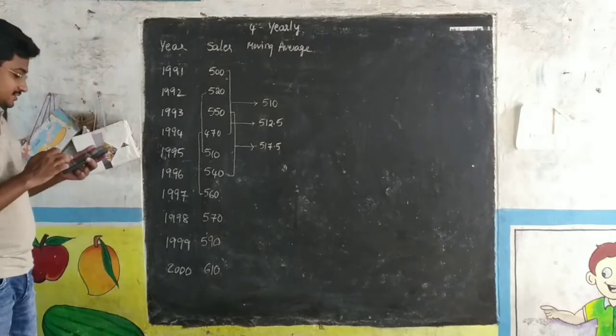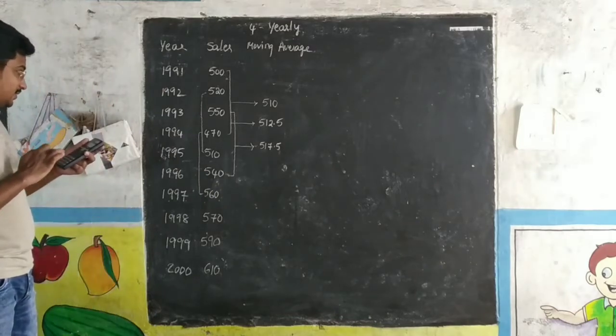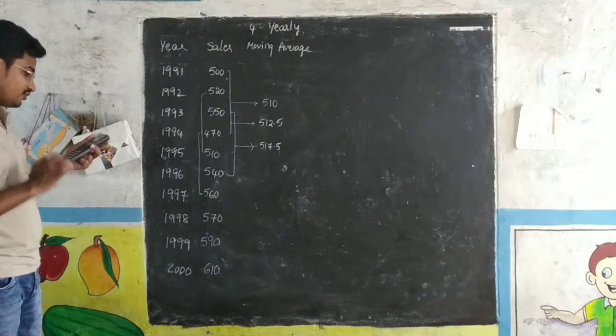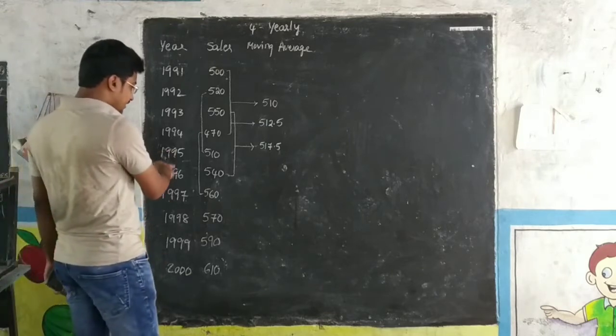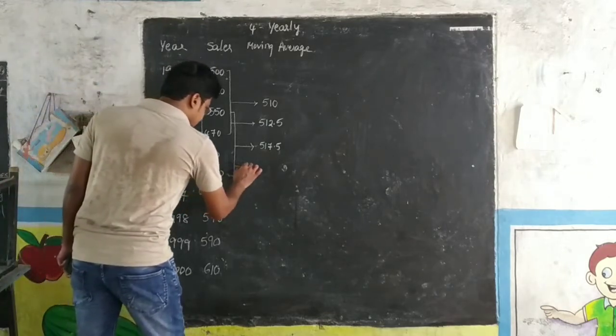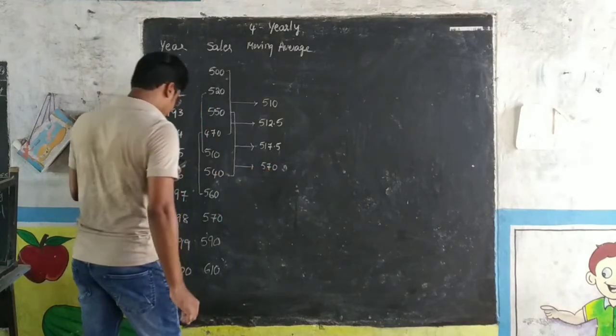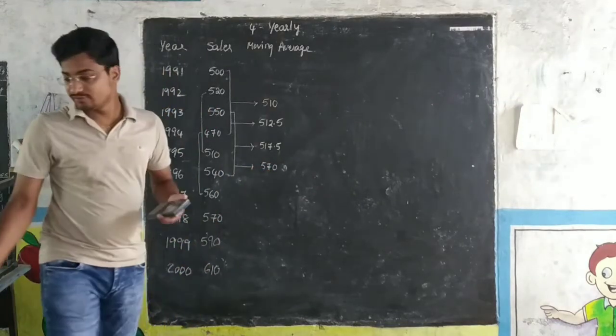Next 4 years. 470 plus 510 plus 540 plus 560 divided by 4 is 520. Middle years 1995, 1996.